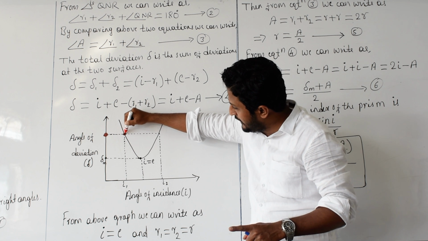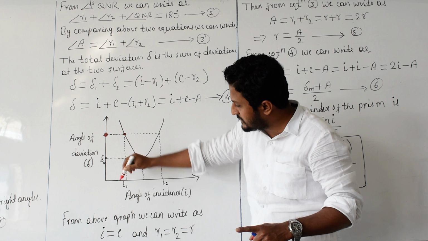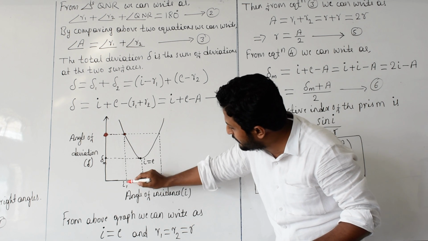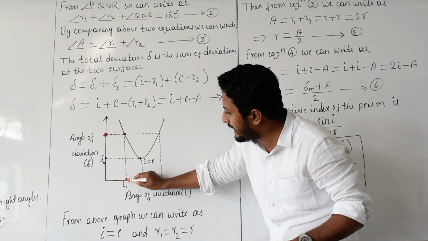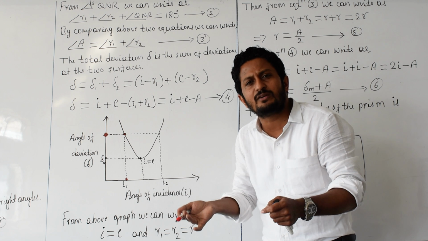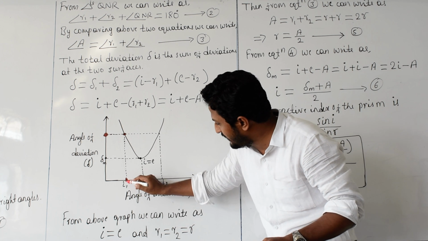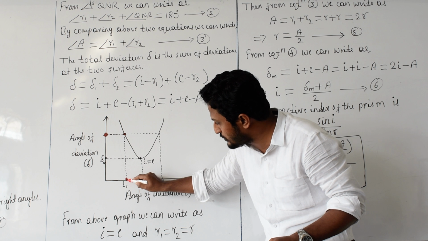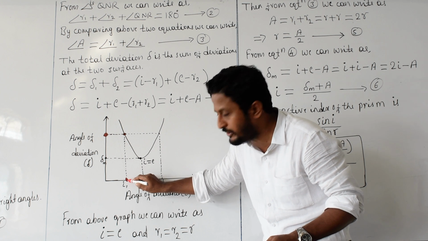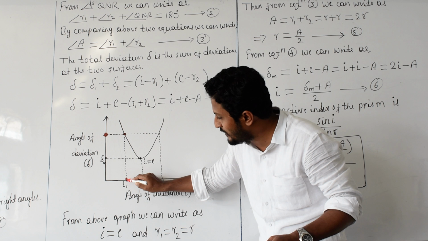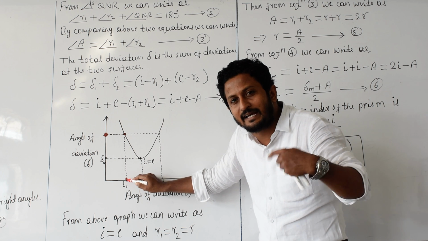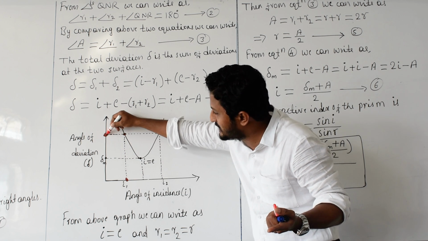Then from that point you draw one perpendicular to the x-axis, and here you get one angle of incidence. It means if the angle of incidence through the prism is this value, then you get this much angle of deviation.